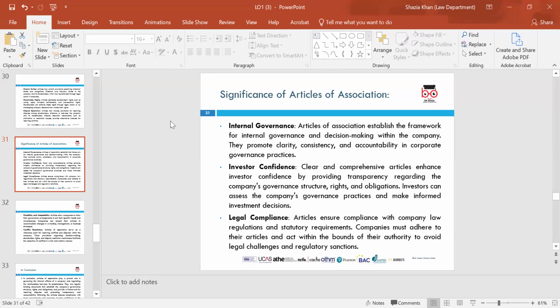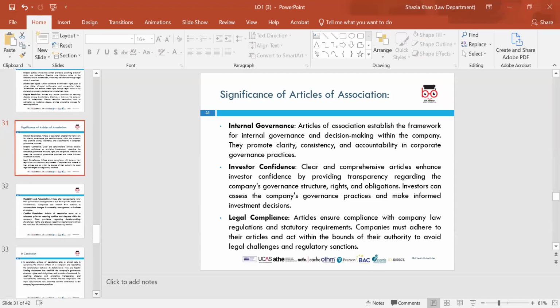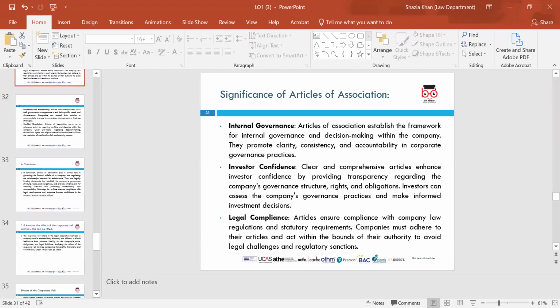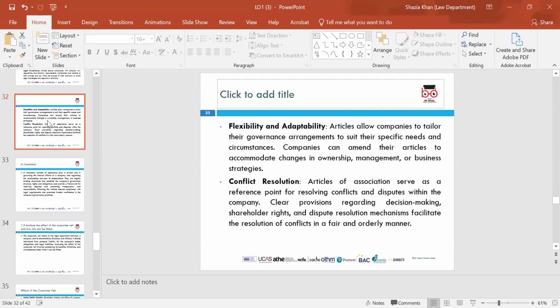Companies must adhere to their articles and act within the bounds of their authority to avoid any legal challenges and regulatory sanctions. Flexibility and adaptability. Articles allow companies to tailor their governance arrangements to suit their specific needs and circumstances. Companies can amend their articles to accommodate changes in ownership, management, or business strategies.